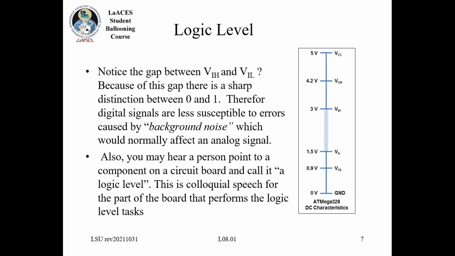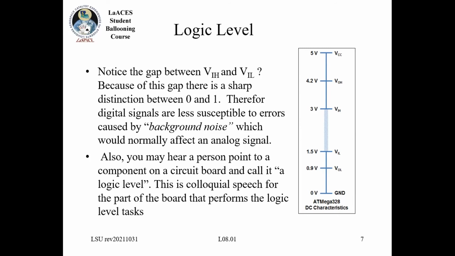And that has the advantage of giving you a nice clean signal, because you have good separation between your low values and your high values, which means you should never get a low input interpreted as a high and vice versa, right? Because I have to somehow screw up the signal by almost 1.5 volts before it misinterprets the signal.